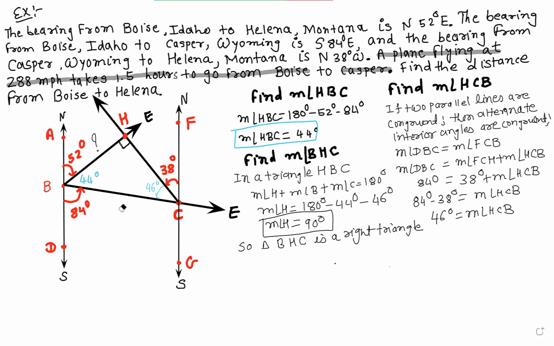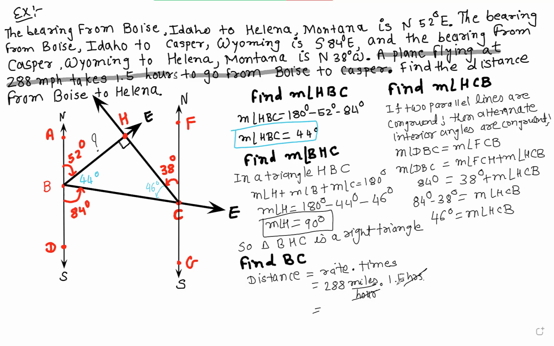We know our formula that this miles per hour is speed, and we have given the time. So what would be the distance BC? We will use the formula distance equals rate times time. So the rate is 288 miles per hour times 1.5 hours. Hours get cancelled. When we multiply them, we get 432 miles. So this distance is given, 432 miles.